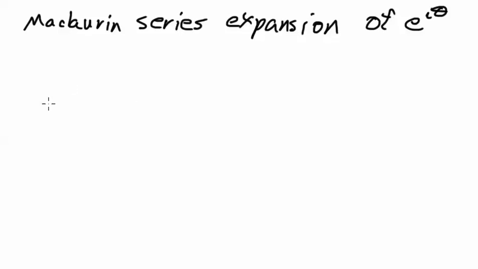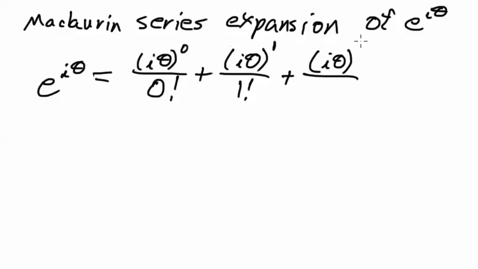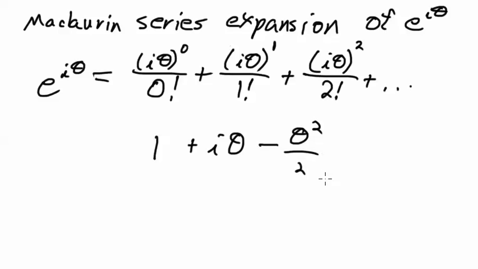And you may be familiar with this, that if you do the Maclaurin Series expansion, e to the i theta equals i theta to the 0 power over 0 factorial plus i theta to the first power over 1 factorial plus i theta to the second power over 2 factorial plus ... And what happens is this is just 1 plus i theta minus theta squared over 2 minus i theta cubed over 6.